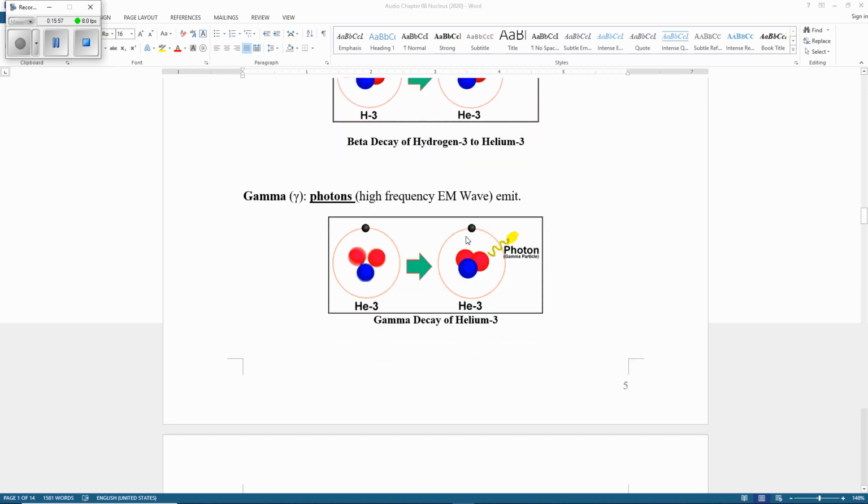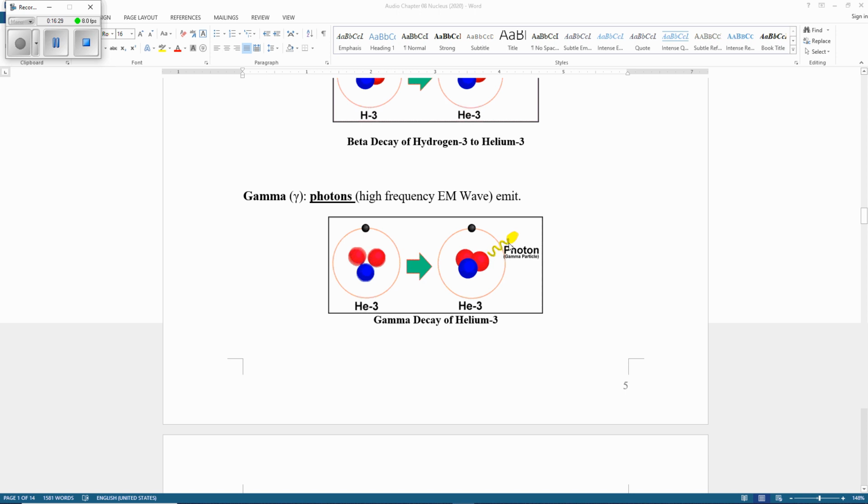Now the third one we call gamma decay. Gamma decay gives off gamma particles. Gamma is the symbol. Gamma decay gives off not particles but energy. And it's very high frequency, just like X-ray. Before and after, the nucleus is basically the same, but the energy is reduced.